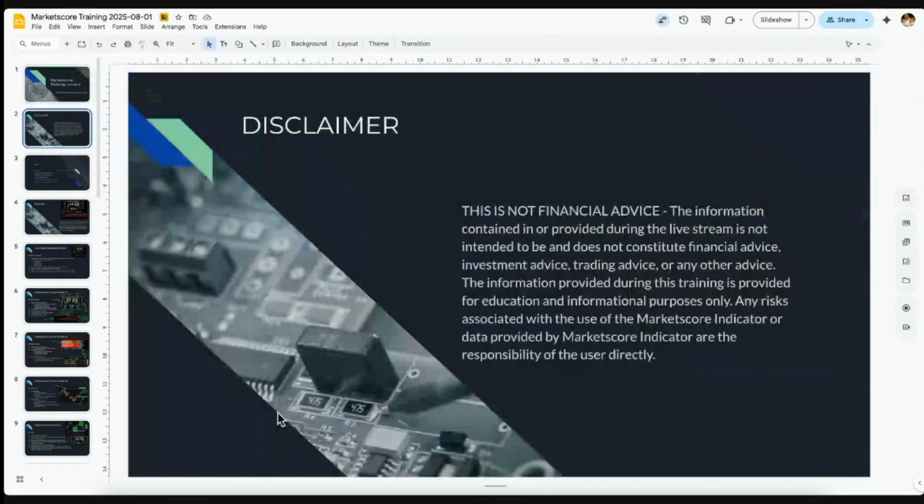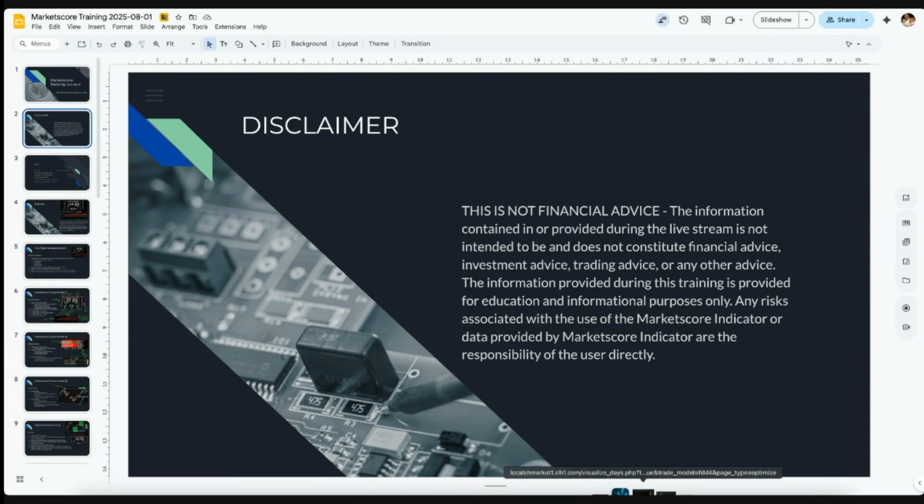I'm going to read the disclaimer. The information contained in or provided during this live stream is not intended to be and does not constitute financial advice, investment advice, trading advice, or any other advice. The information provided during this training is provided for educational and informational purposes only. Any risks associated with the use of Marketscore indicator or data provided by Marketscore indicator are the responsibility of the user directly.